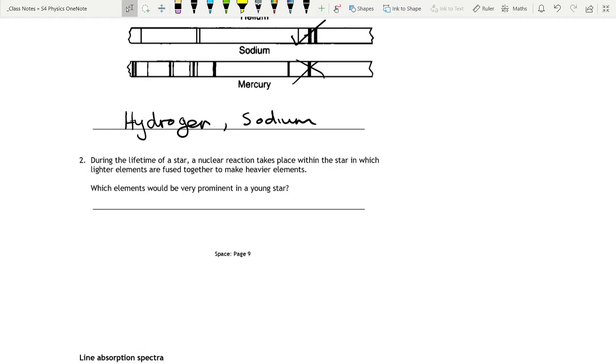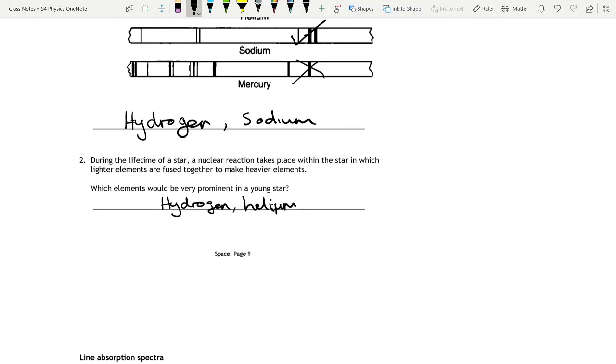Helium, hydrogen, yep. So you could tell something if a star is quite young if it has a lot of hydrogen and helium in it because it's the lighter elements. If they've got a lot of heavier elements in it, then it tends to be a bit of an older star because it's gone through more nuclear reactions. Okay.